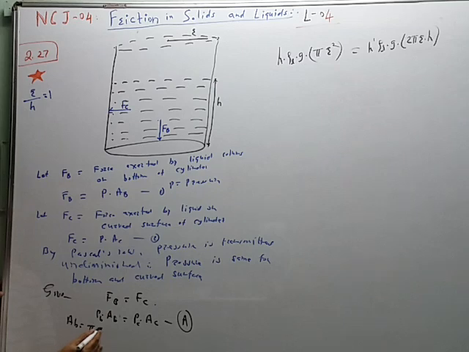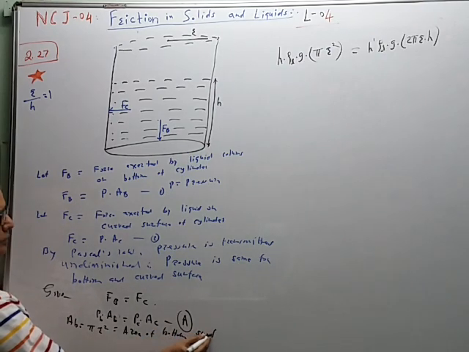AB is equal to pi r square, the area of the bottom surface.